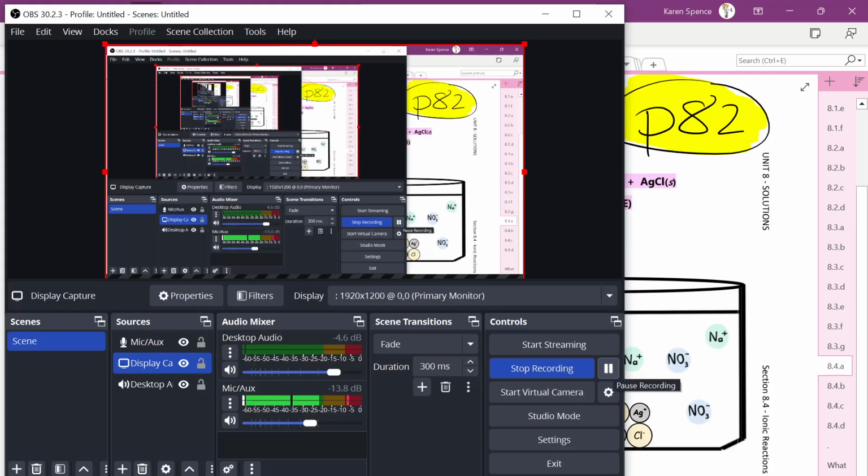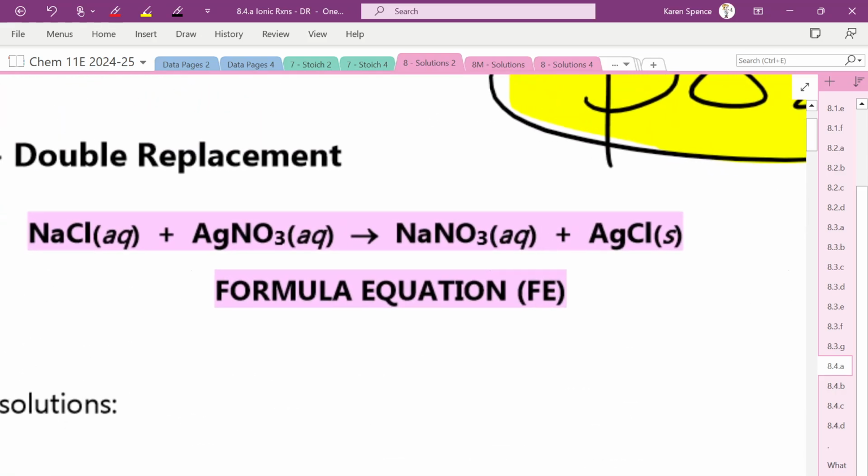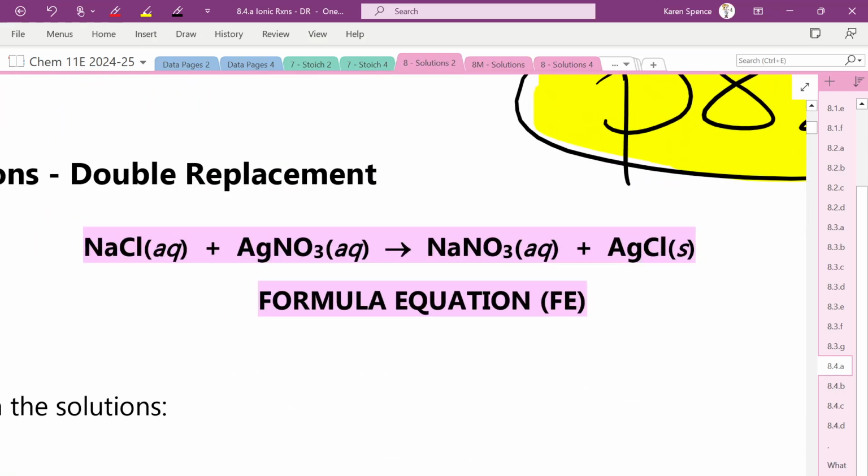Okay, friends, we are going to take a break from calculating, and we're going to go to page 82. We have already written equations for double replacement reactions. So here is an equation: NaCl plus AgNO3, both aqueous, give us the products NaNO3 aqueous plus AgCl.